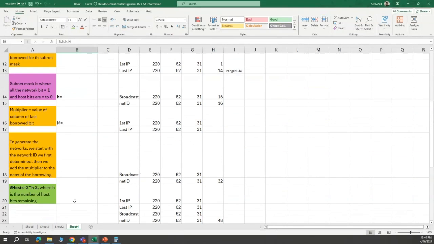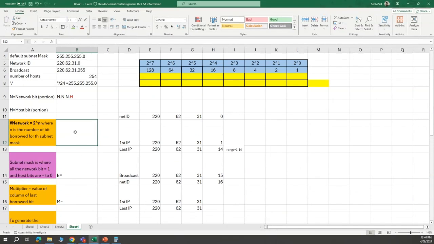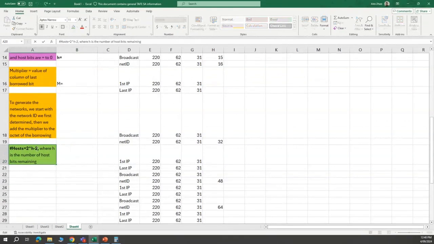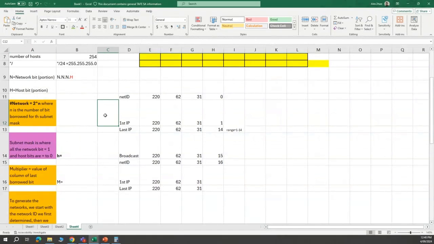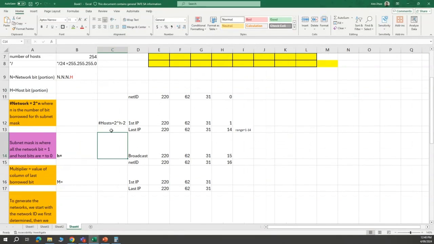So let's take this formula. We'll type the formula out here again. All right, so number of hosts equals 2 to h minus 2. So obviously it's 2 to the power h, not h minus 2, okay?